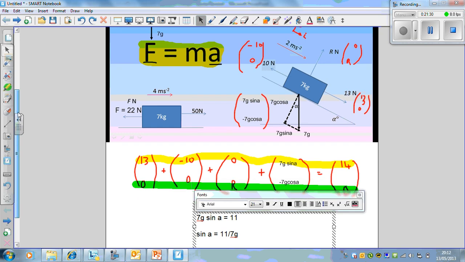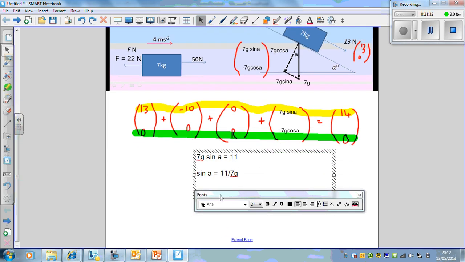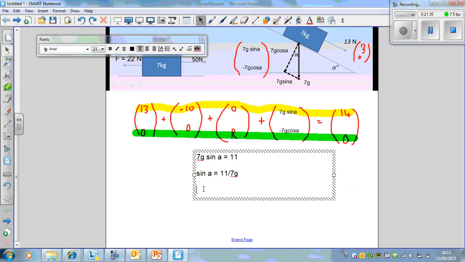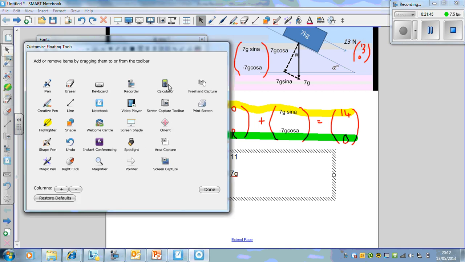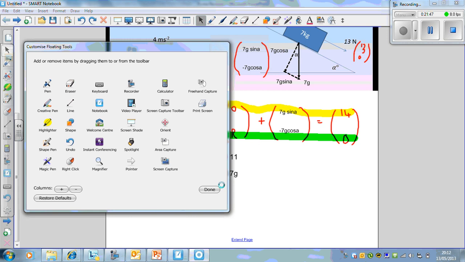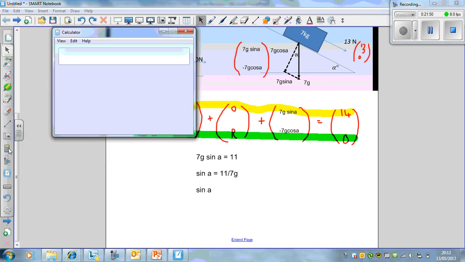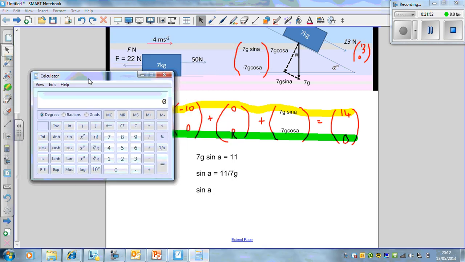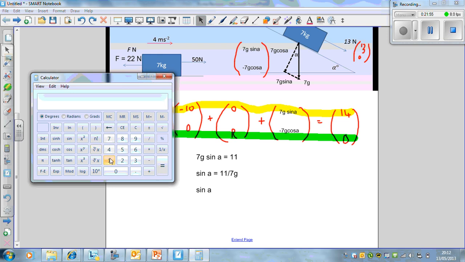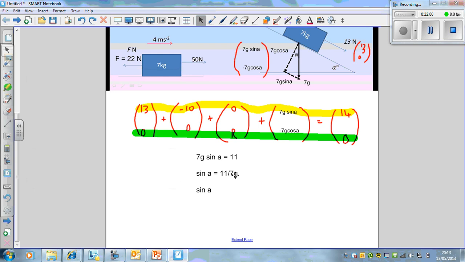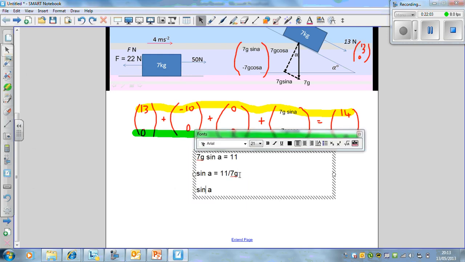Now, using a calculator, sine A is going to be equal to 11 divided by 7 times 9.8. In fact, let's just go straight into A, because I think we'll lose accuracy if we start rounding up.